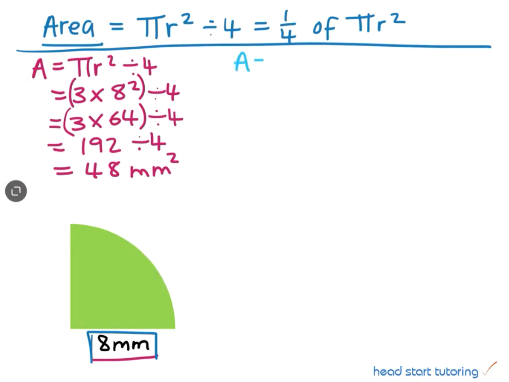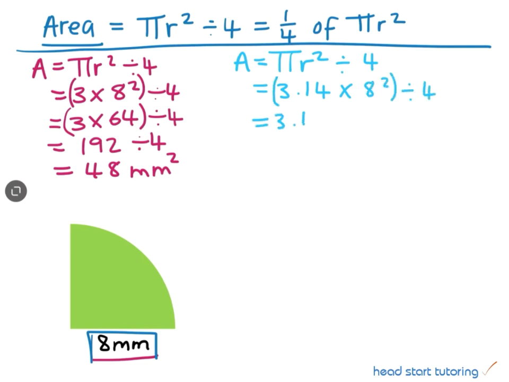Let's now look at the area of this quarter of a circle using pi equal to 3.14. So again, area is equal to pi r squared divided by 4, and that is equal to 3.14 multiplied by 8 squared, and we divide that by 4.